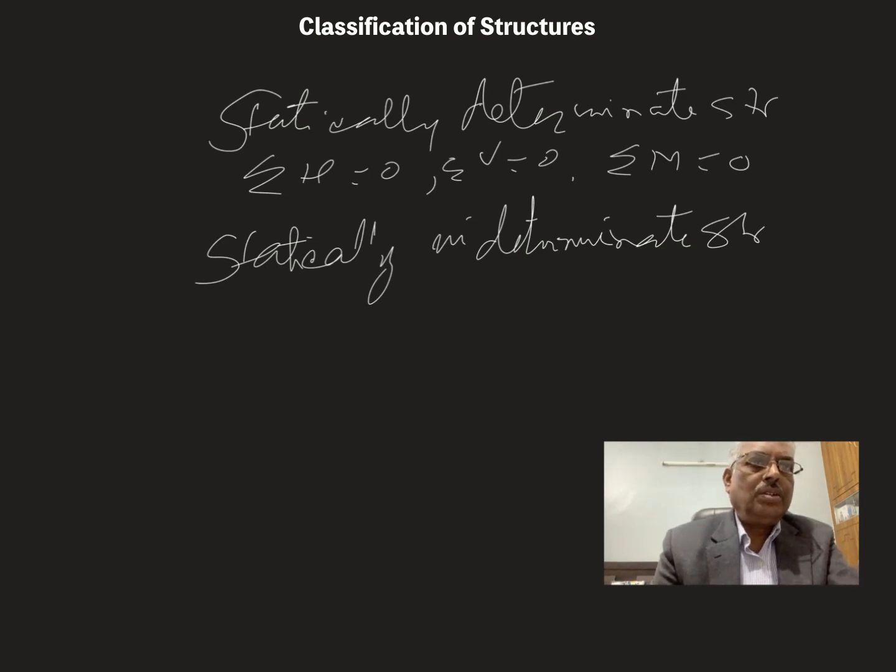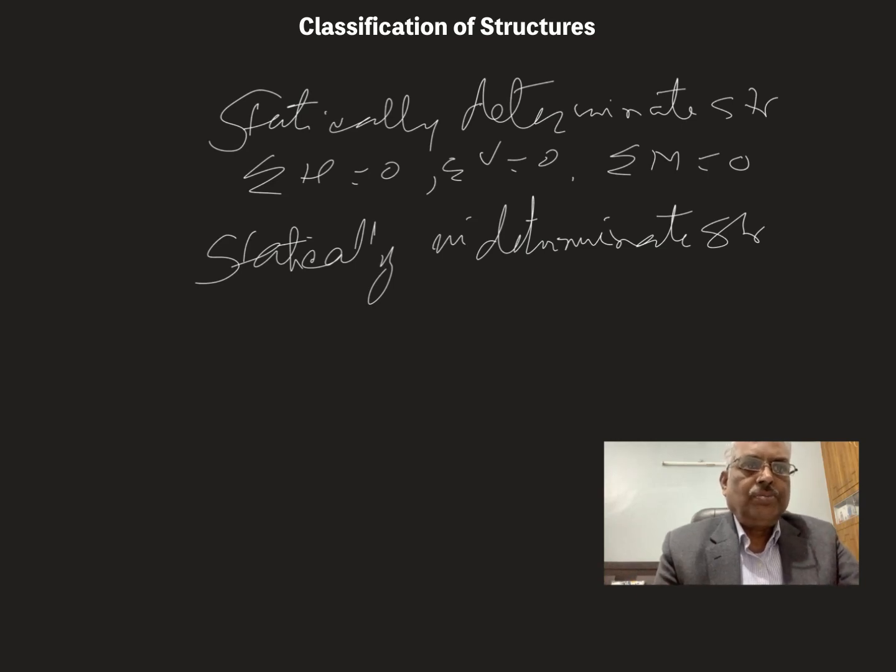Beyond these 3 equations, sum of vertical forces, horizontal forces and moments, there should be 2 more equations if there are 5 unknowns. So that can be found out with the help of deflection or slope equations. In this way, statically indeterminate structures can be solved.